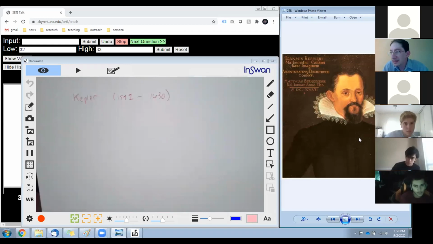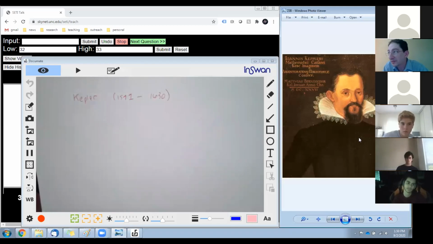And so he knew the value of Tycho's data and went to him many times saying, hey, can I take a look at this data? I have some ideas I want to test. And Tycho's looking at this theorist saying, well, I've sat out every night for the past few decades collecting this data. And here's this young whippersnapper coming in and just wants to use it to prove or further examine a model that I'm against on religious grounds.